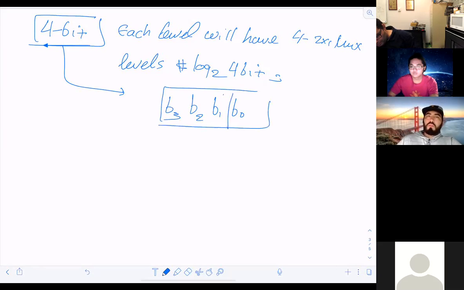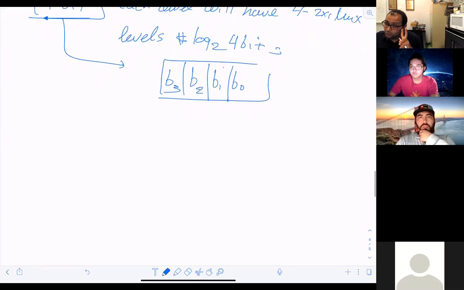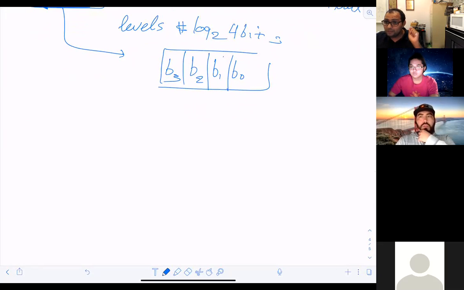This is the register I would like to shift in parallel. Let's see how it works based on what I mentioned above. I said I will have 2 levels, and every level will have 4 multiplexers. Let's do it. So I'm going to have 4 here.